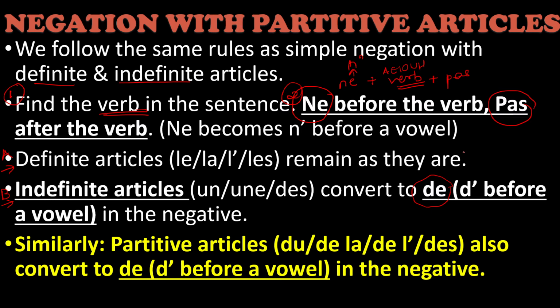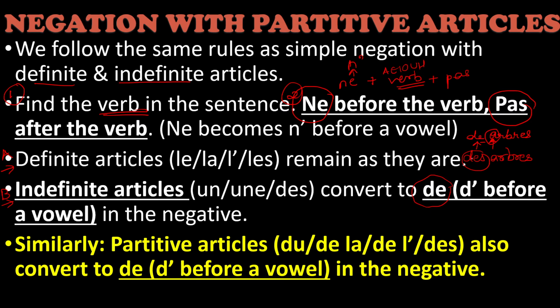Similarly, if you have something like des arbres, some trees, and you have to make this negative, you cannot have des, right? So it has to become de, and then arbres remains as it is. Now, can you see that there is a clash happening here because a is a vowel?